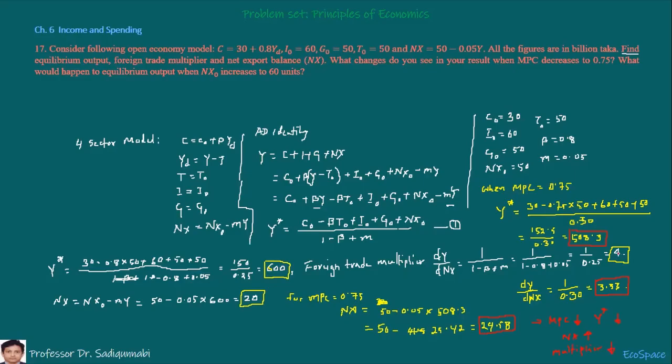So multiplier declines from 4 to 3.3. Trade balance increases from 20 to 24.58. National income decreases from 600 to 508.3. So this is the second part.